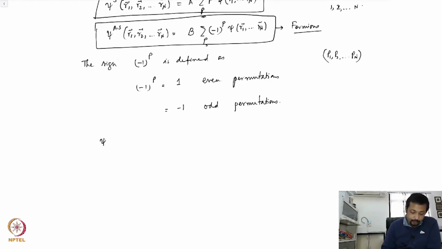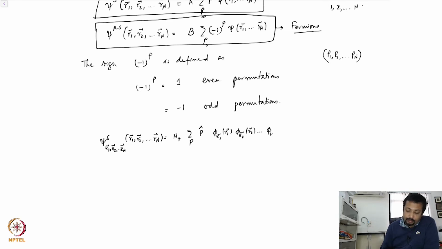So we have psi symmetric of k1, k2, kn, r1, r2, rn is equal to, so we'll just rename the normalization as N plus, times the sum over P, all possible permutations, the permutation operator P hat operating on phi k1 r1, phi k2 r2, phi kn rn.